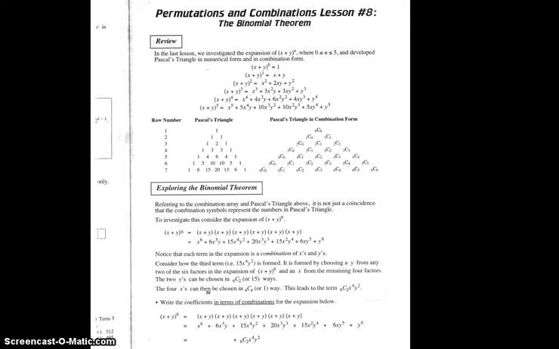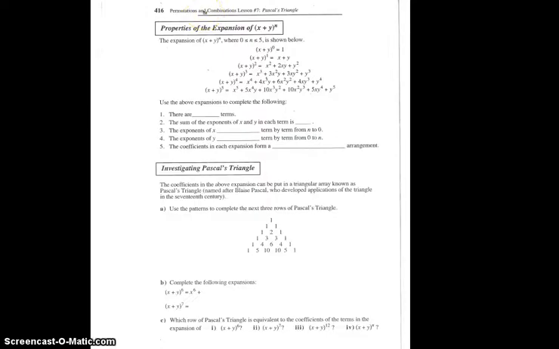We are going to revisit for a moment a page from lesson 7. So let me bring that up and we'll take a look at that. On page 416, they had the binomial expanded for different exponents, and we noticed several things. If the exponent was n, then there would be n plus 1 terms.